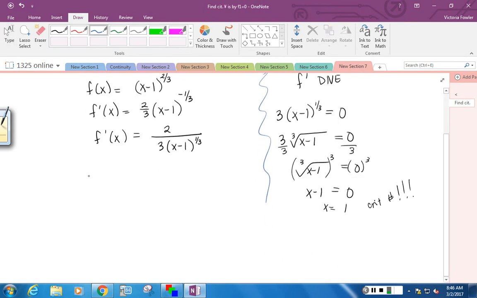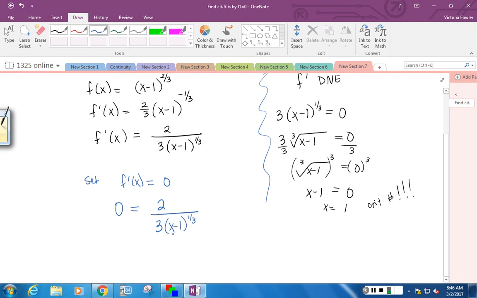And now I'm going to set f prime of x equal to 0. All right, that's where I'm supposed to check for critical numbers. So I say 0 would equal 2 over 3 times the quantity x minus 1 to the 1/3. And hopefully I've realized that this is a fraction.